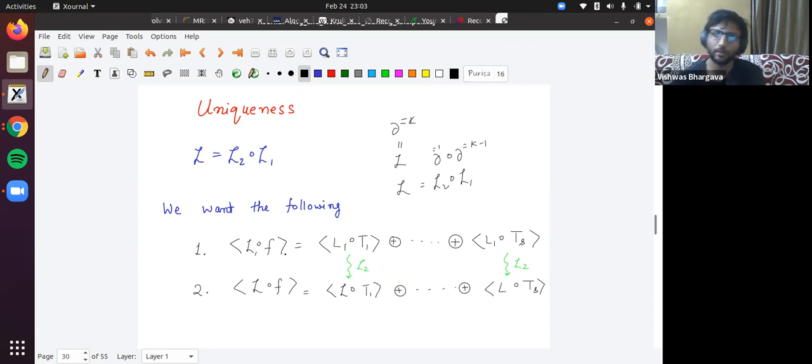Anyways, we want the following. When I apply the k minus 1 order partials on F, there is a decomposition, and there is another decomposition such that you can decompose L of F so that each component you can get by directly applying L2 to the individual component.